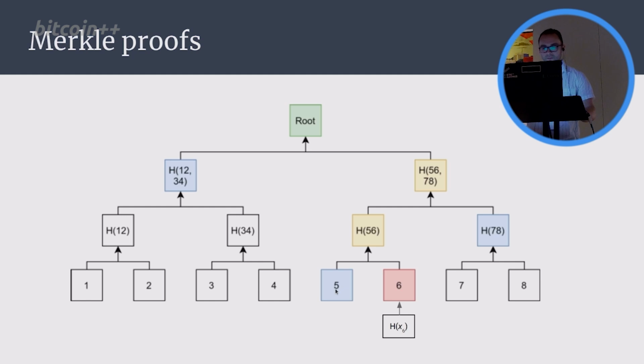So the node 5, the node 7, 8, and the node 1, 2, 3, 4, right? Because then, having only these nodes, which are a logarithmic number of nodes compared to the number of elements, you can verify the computation of the Merkle root and check if it matches. So this gives us a tool to compress an arbitrarily large amount of data in a single hash.